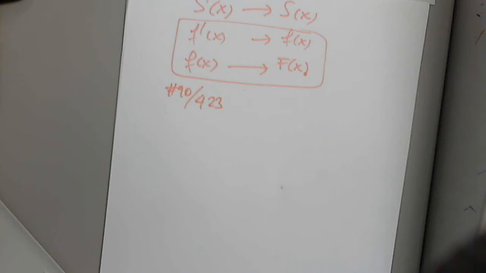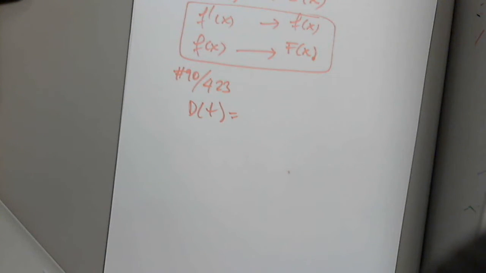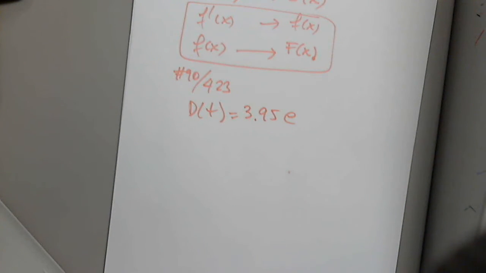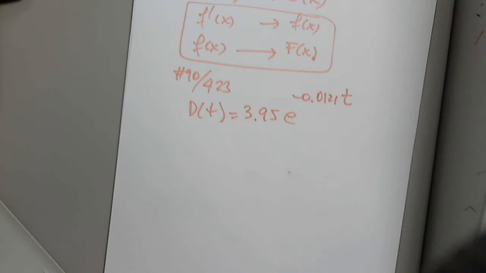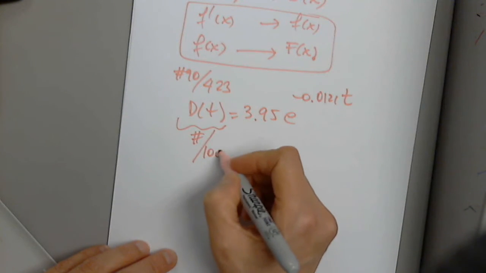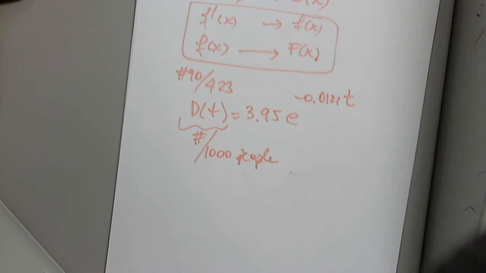The divorce rate in the United States is approximately D of T equals 3.95 e to the negative 0.012 t. D of T is the number of divorces per 1,000 people.